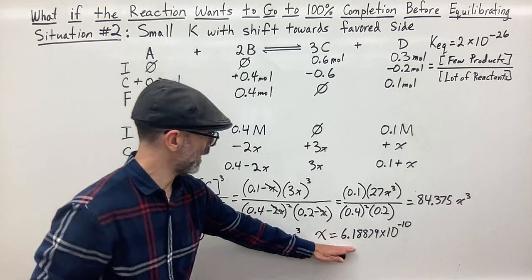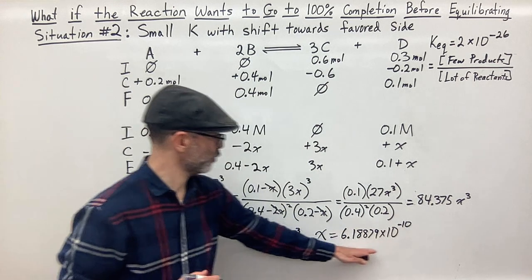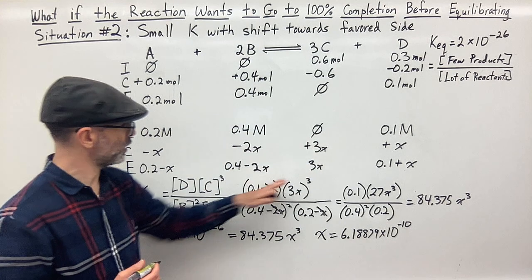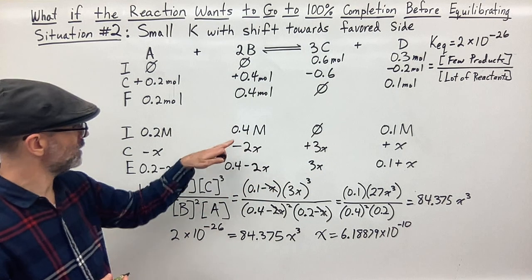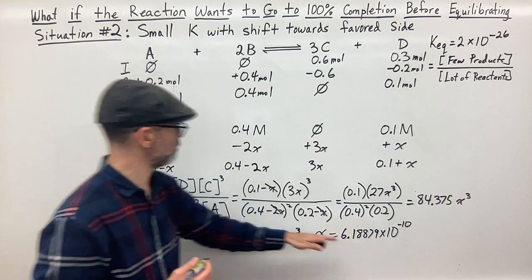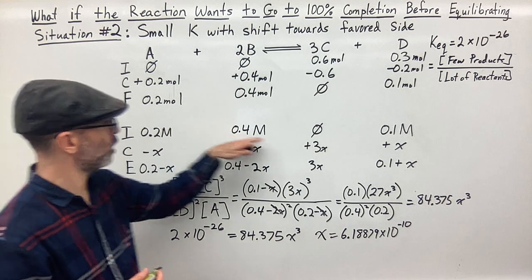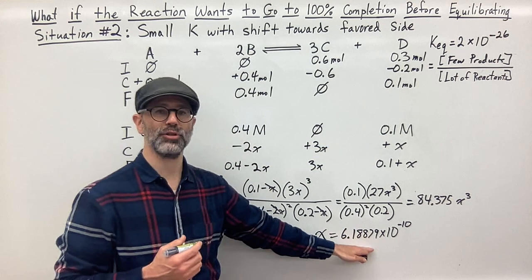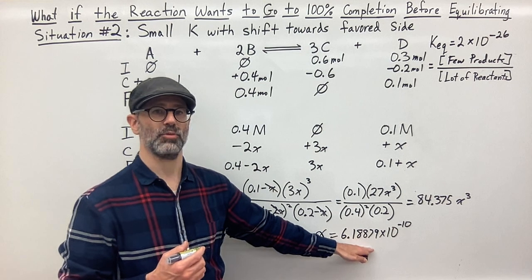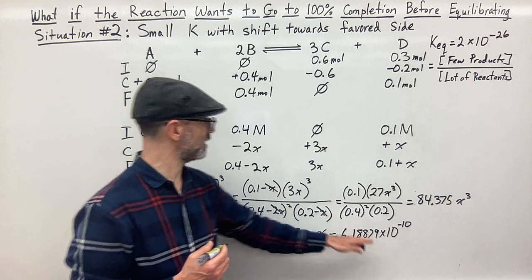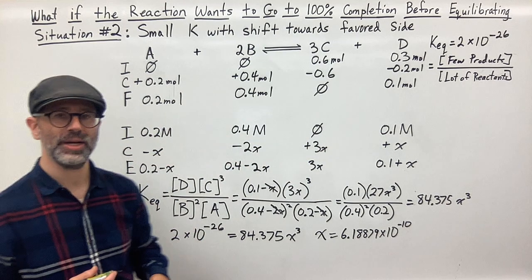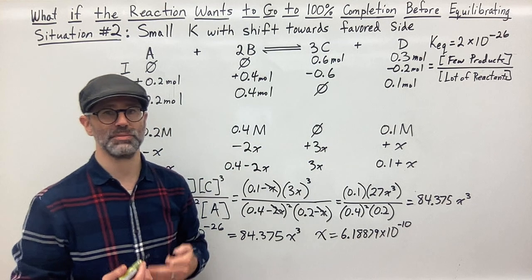All right, so that's my x value, and you can see that x is really, really small, as we predicted by this shift. So you can see that this is going to be very small compared to 0.4, 0.1, and 0.2. So definitely, if you check with the 5% rule, if you divide this by any of these values, 0.1, 0.4, 0.2, you're going to get a percentage that's much, much less than 1.